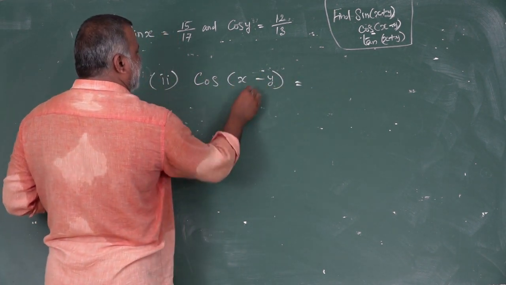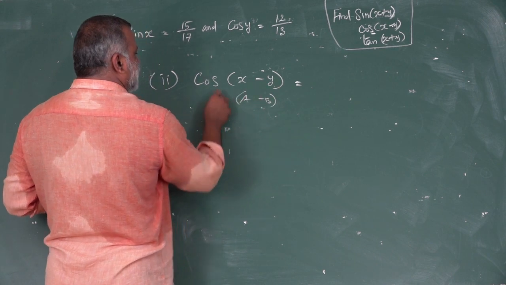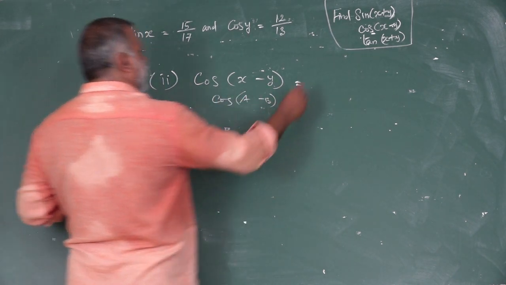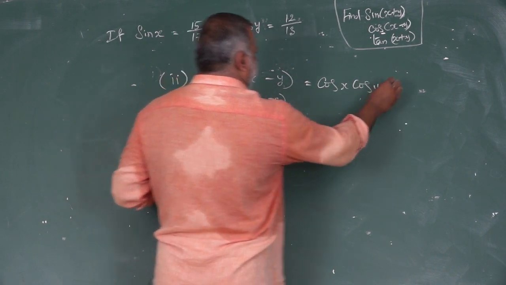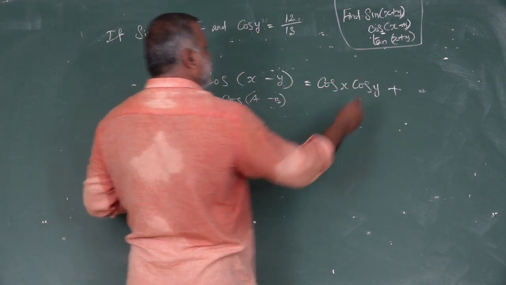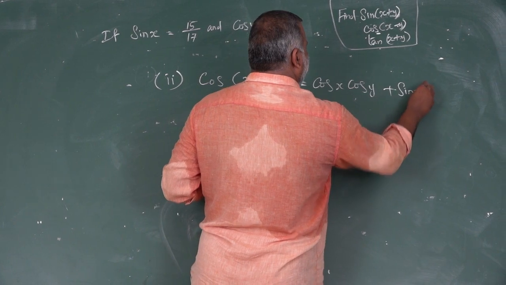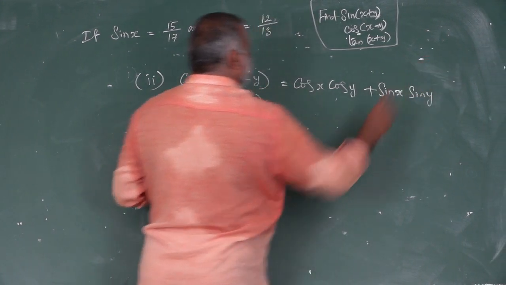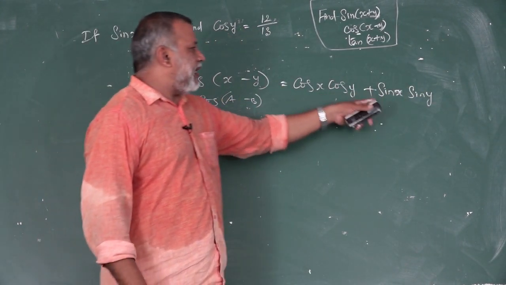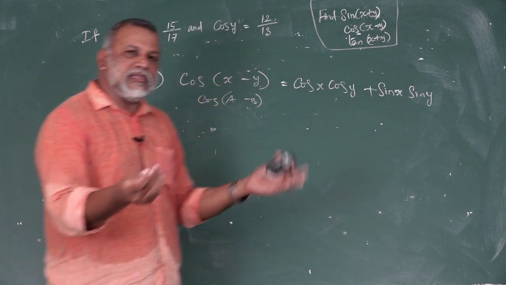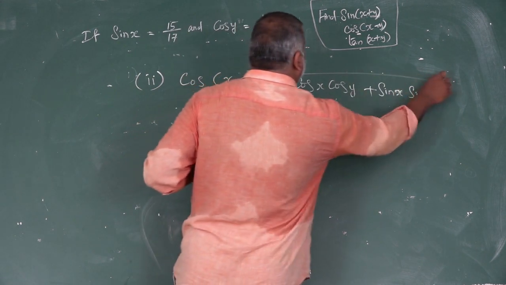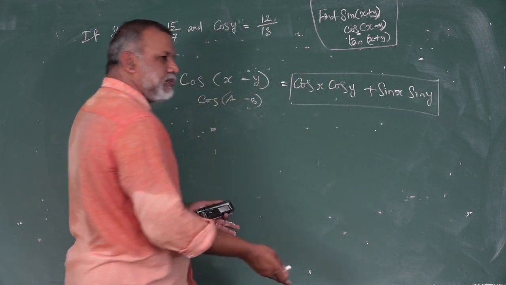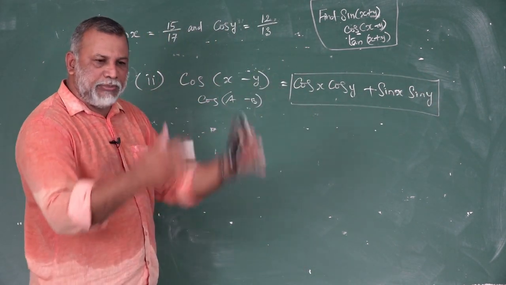It is in the form of cos of a minus b. So cos of a minus b means cos a cos b plus, since the sign is negative, plus sin a sin b. Instead of a and b, I am using x, y. Now all these four data you have to substitute and simplify.